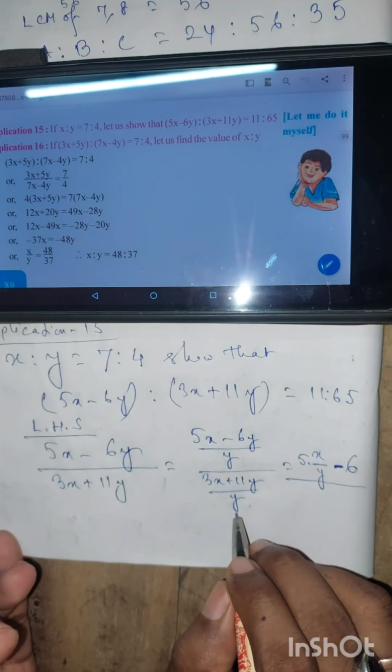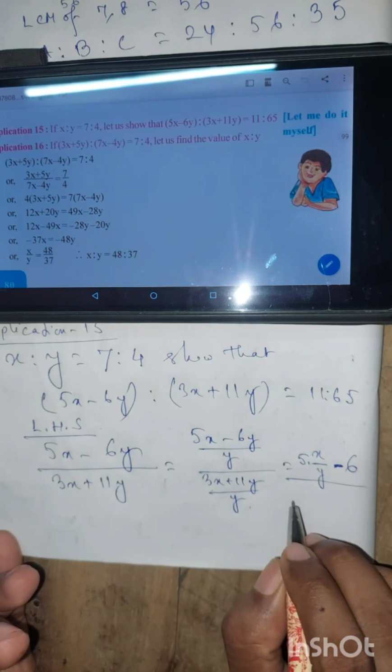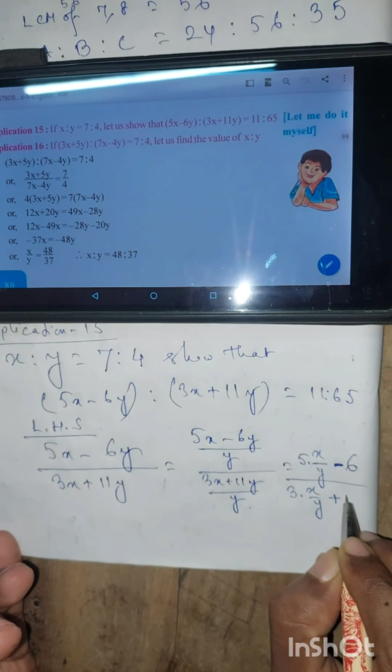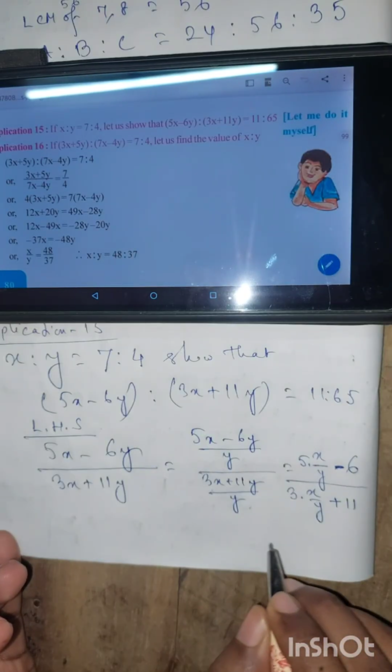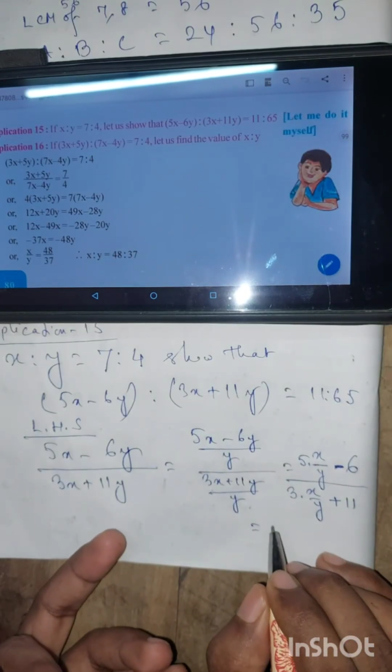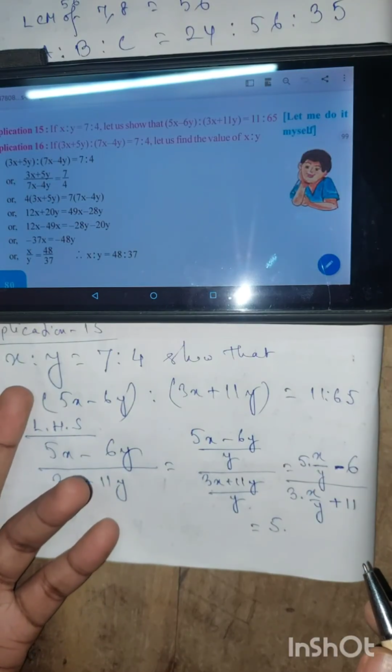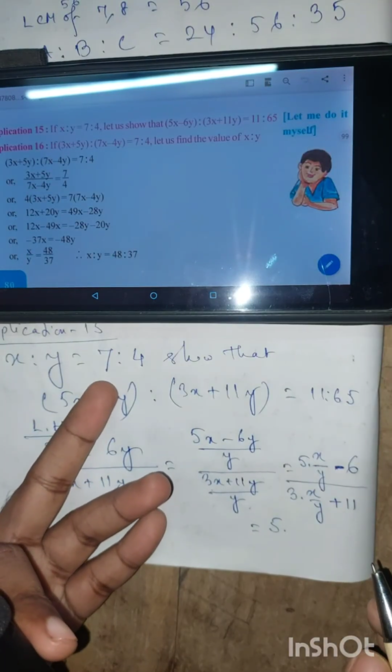Similarly, y can be distributed to both these terms, so it becomes 3 into x by y plus 11. So x by y is 7 by 4, it is given.